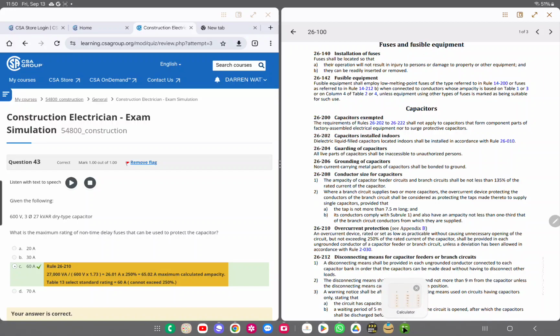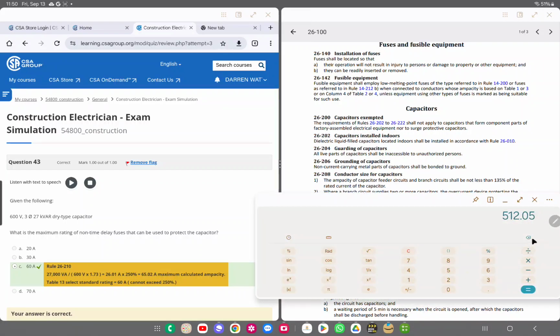Let me do this on the calculator on the computer so you guys can see this. 27,000 divided by 1039 is 25.98.